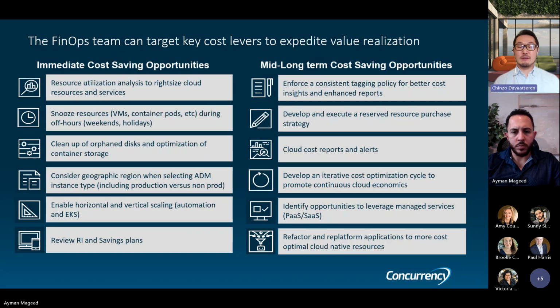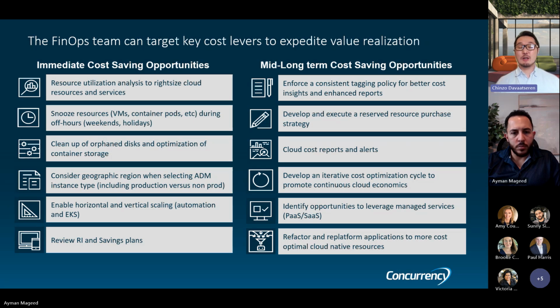If your business requires you to have 24/7 availability during busy seasons, you can scale it up with the reserved instances, early committed, and then you can save a lot of money with that. Also, you can do automation, how you deploy and how you turn off some of the resources using EKS or other tools. But these are the immediate cost savings that you can apply within your organization today.